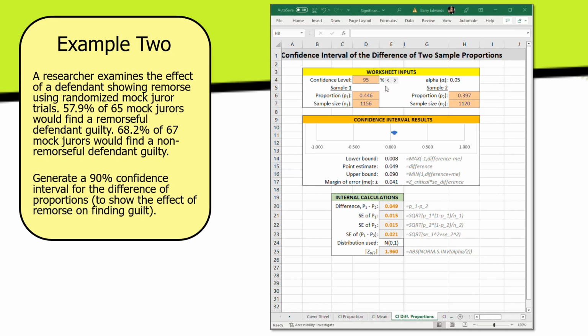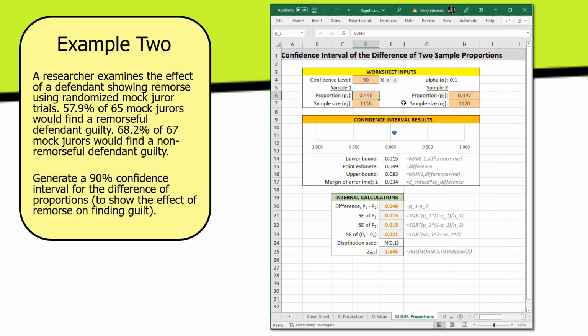My inputs start with the confidence level. The problem asks for a 90% confidence level, so I will click it down to 90%. Like I talked about in discussing the prompt, proportion 1 minus proportion 2 is the difference. So the proportion 1 should be the remorseful defendant.